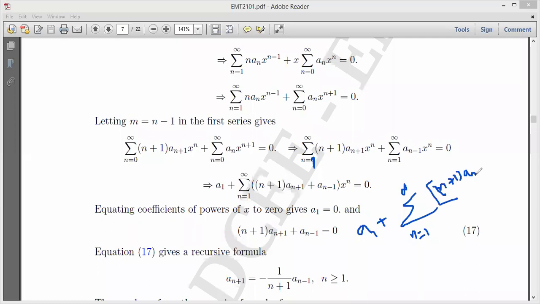This is an plus 1. That is this part here. This xn is the same as that xn. So we add to this one. What do we add? We add an minus 1. This is plus an minus 1. We have added this one with this one here.